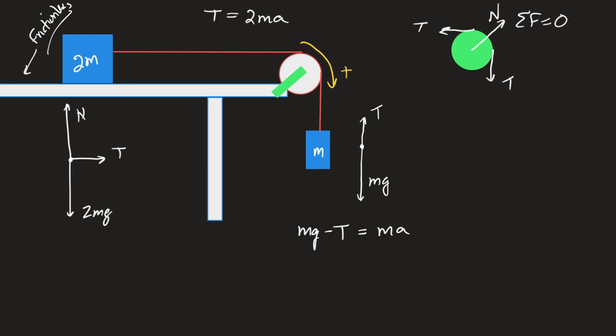The only way the pulley accelerates is if there's an unbalanced torque acting on it. It's the only way it accelerates. Once the pulley has inertia, it can only accelerate if there's an unbalanced torque acting on it. And based on what I've drawn, it looks like the torques are balanced.